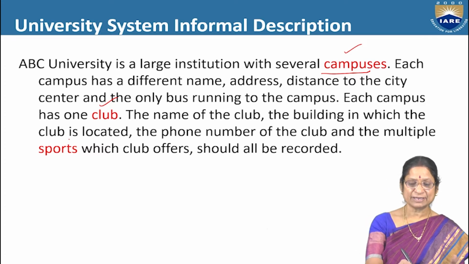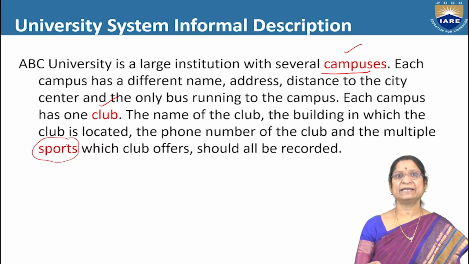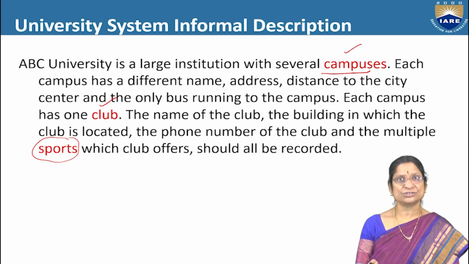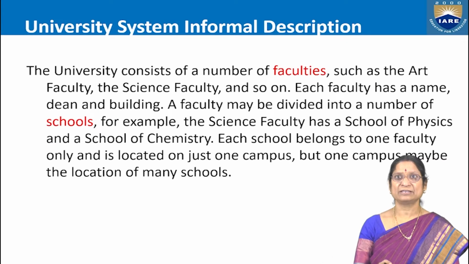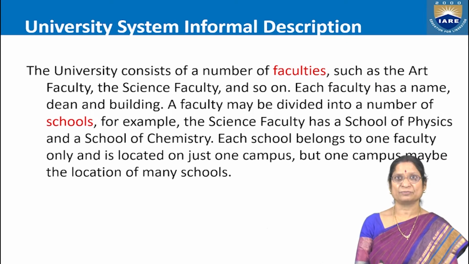So what sports are provided and how these sports events are organized, and also how the registration into the sports can be considered. Everything has to be recorded by us. So that's why about the sports also we are going to store the data. So campuses, club, and sports, about these data we need to store.